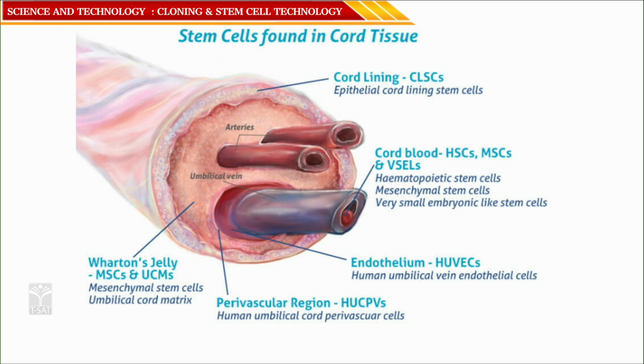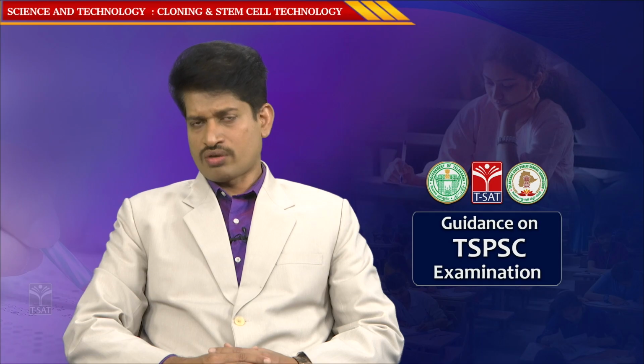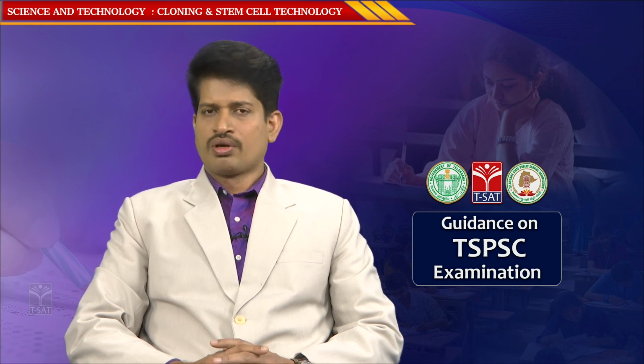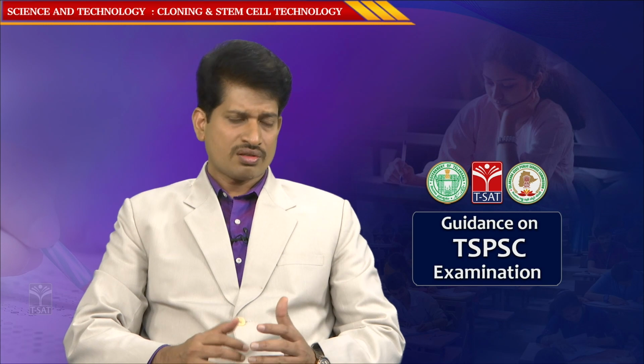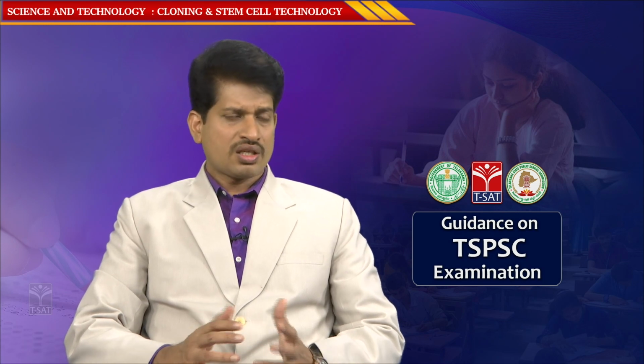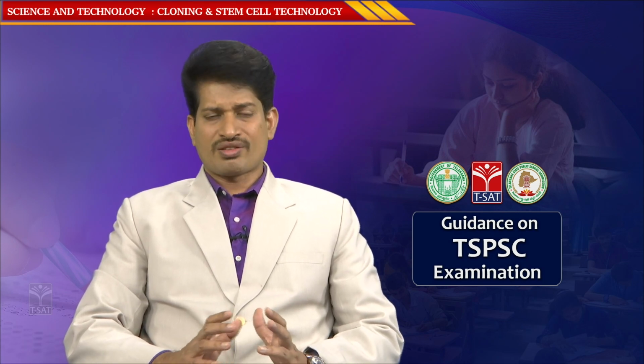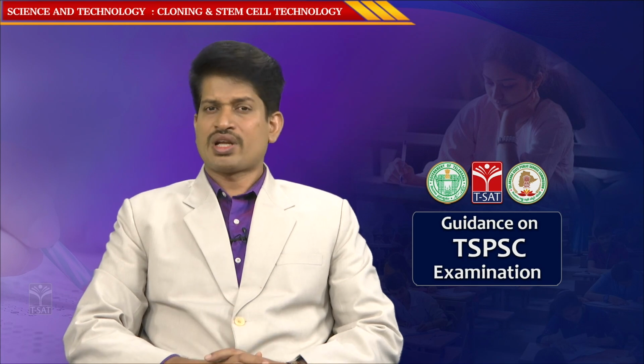The main reason is that in the current scenario of organ transplantation, there is a problem of organ rejection. Even though the blood group is the same, there is no perfect match. There are certain proteins and antigen-antibody reactions which, to an extent, reject the transplanted organ.